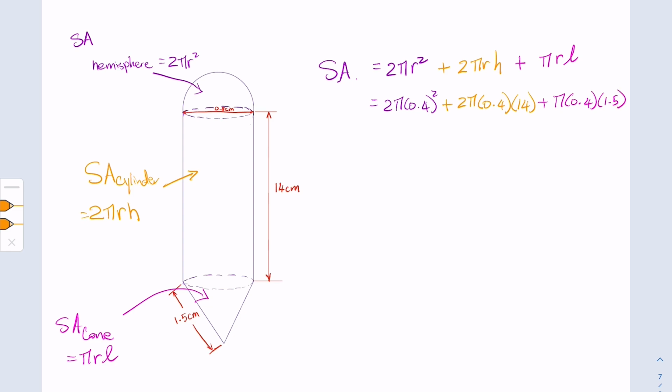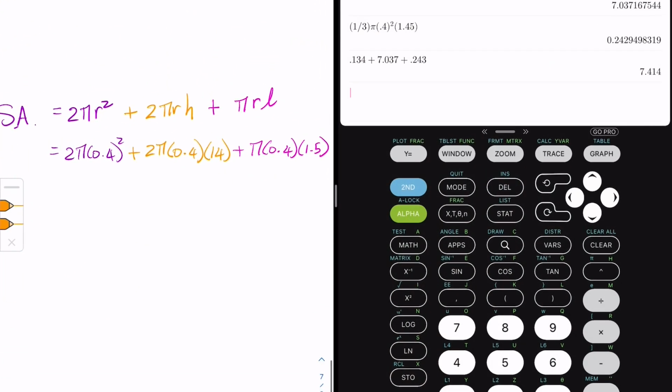And we can actually just type this all into the calculator. And so I did want to show you a different approach of being able to go through this question faster than we did for volume. And so let's go ahead and do that. 2 pi 0.4 squared plus 2 pi 0.4 times 14 plus pi 0.4 times 1.5.